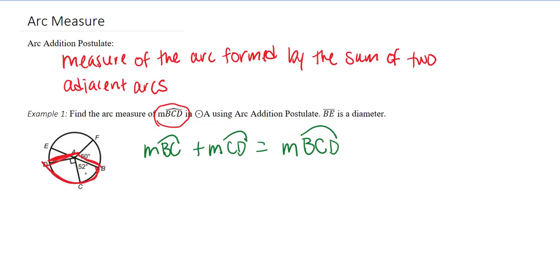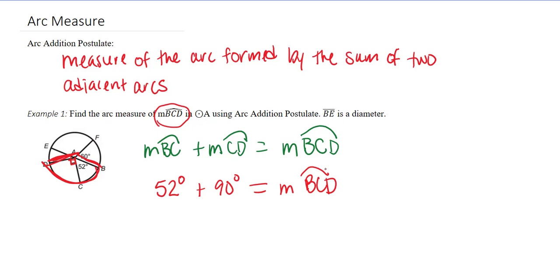we know our arc of BC has an arc measure of 52 degrees. And then anytime we see this little square here, it indicates a 90-degree angle. So that arc measure of CD is 90 degrees. So then we can go ahead and look at the arc measure of BCD.